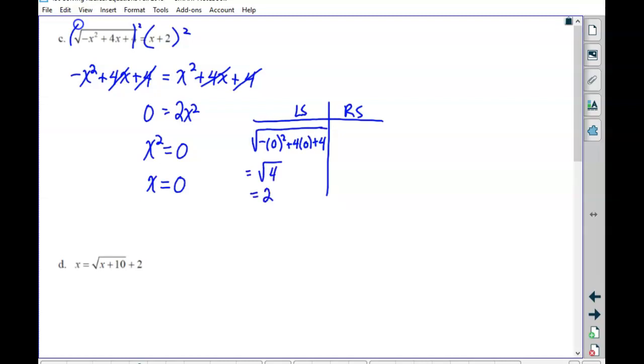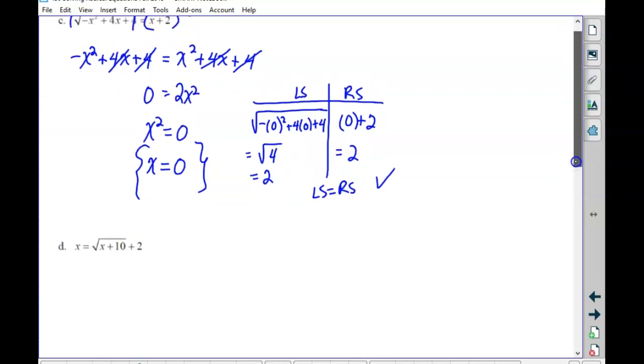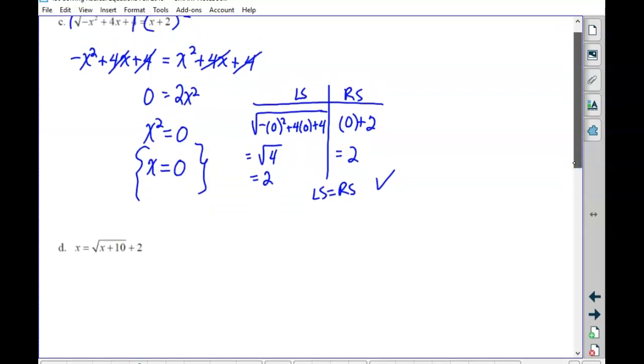And the right side, 0 plus 2 equals 2. And you can verify graphically by graphing the left side, graphing the right side, or graphing everything on one side and seeing where it crosses the x-axis.